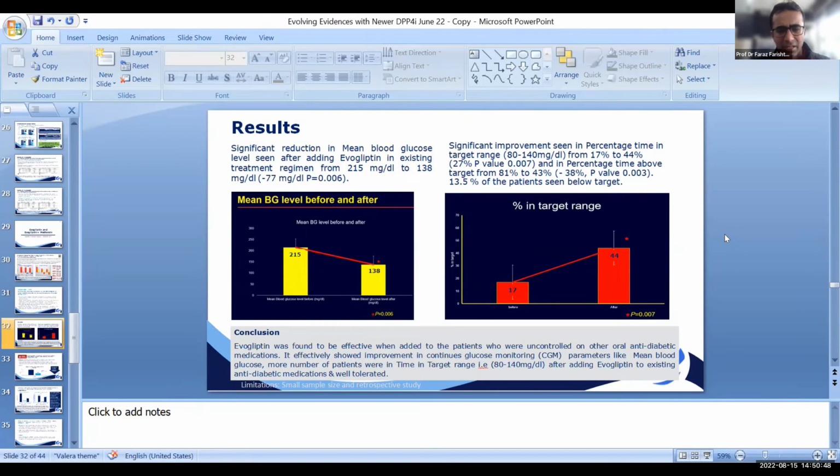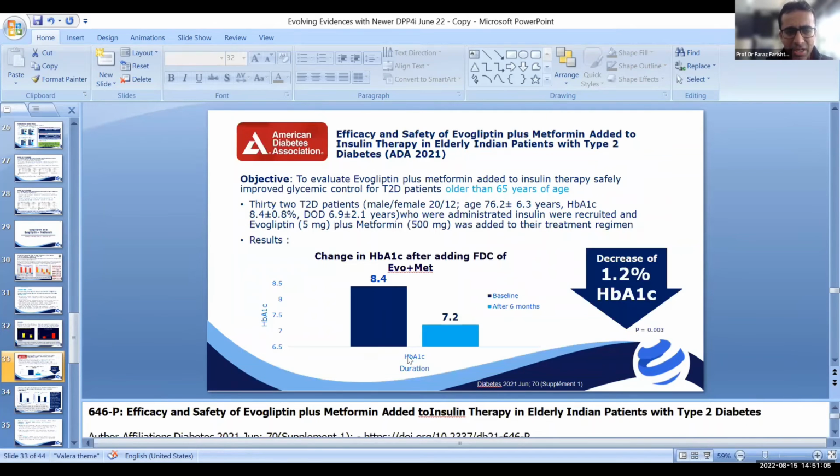I think this is the word which we all will hear day in and day out, that is the TIR, where most of the time we want our patients to spend more than 70% of their time in a day in the time in range. So most of the patients achieved that TIR when they were started on Evogliptin.